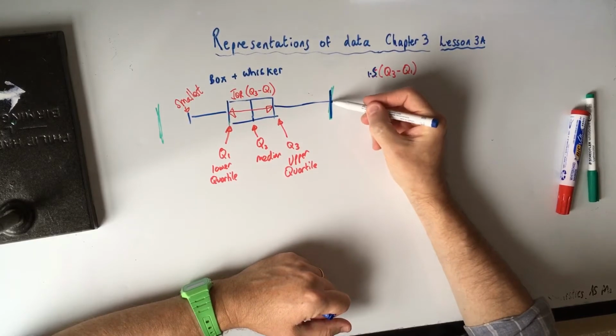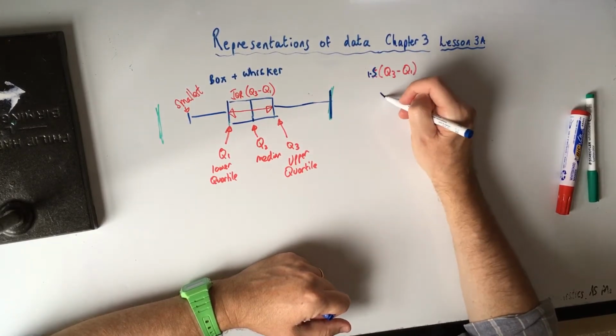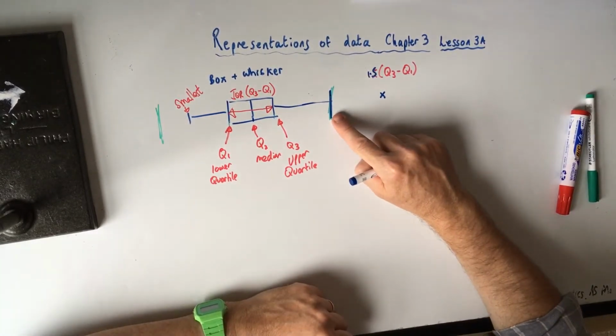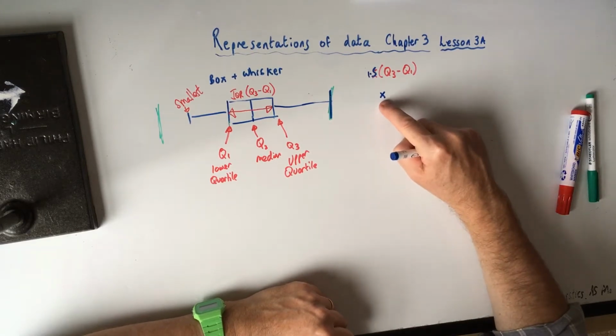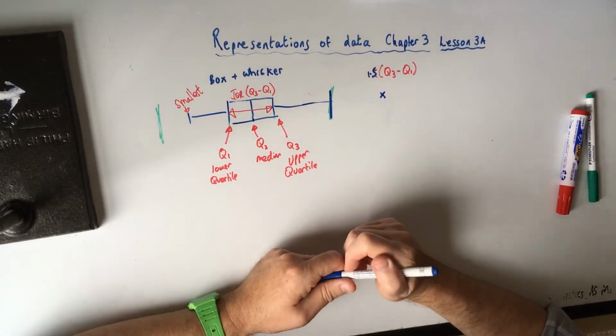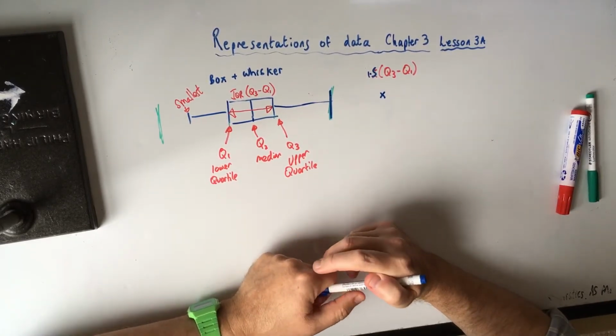That tells you that anything bigger than that is an outlier, and then you put a cross in to say that that point there is an outlier, so you put the data values in, and so on. So that's how you do it for box and whisker plots.